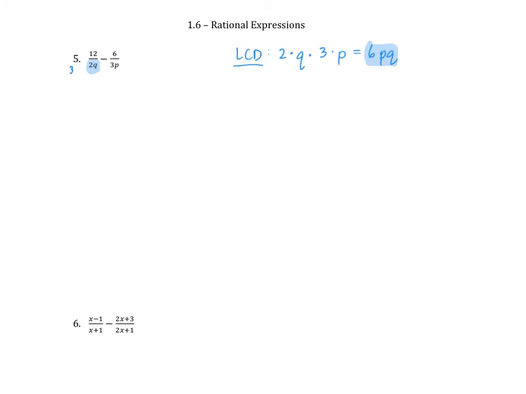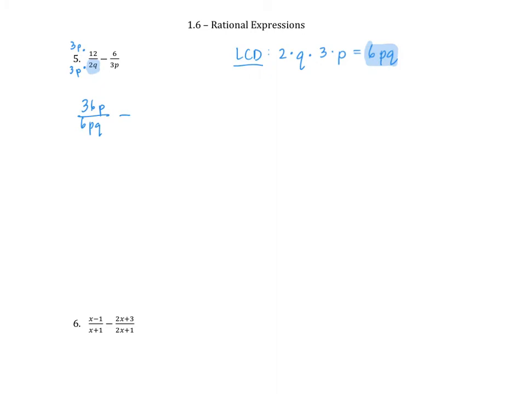And we have a q, so we need to multiply by the p. So if we multiply the 2q by 3p, we will get 6pq. Remember, whatever you multiply on the bottom, you have to multiply the top by that as well so that it's an equivalent fraction. So this will end up being 36p over 6pq.